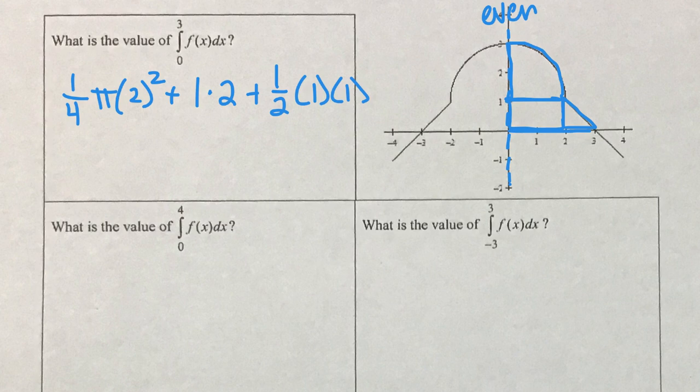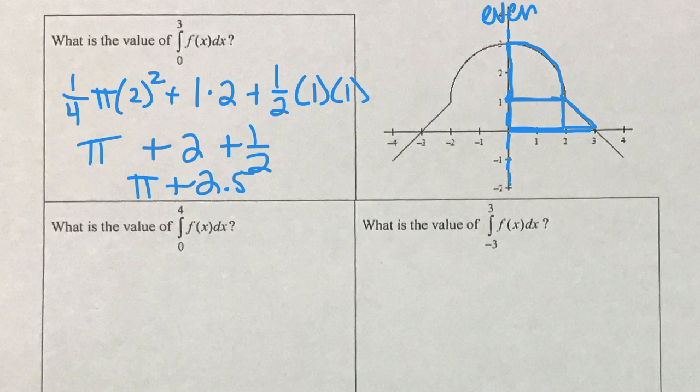Okay, so there's a lot of these geometric things when we're trying to find the area underneath a curve if you're not given a function. So this is pi, because 1/4 of 4 is 1, plus 2 plus 1/2 is basically pi plus 2.5. If you want to write 2.5, that's fine. If you want to write 2 1/2, if you want to write 5/2, all of those represent the same thing.